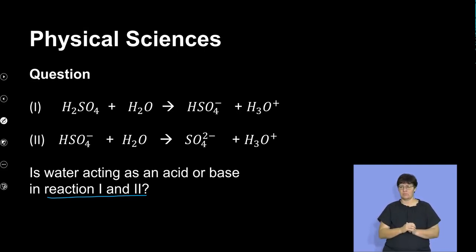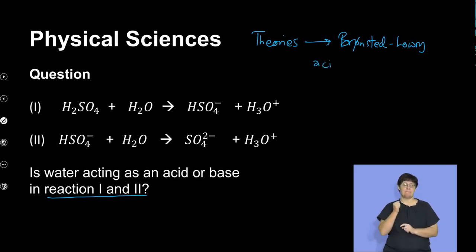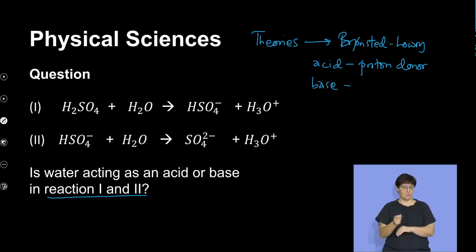This is also based on the theories. But which theory is this exactly? This has to do with the Brønsted-Lowry theory. The Brønsted-Lowry theory defines an acid as a proton donor, while it identifies a base as a proton acceptor.